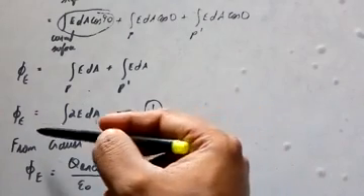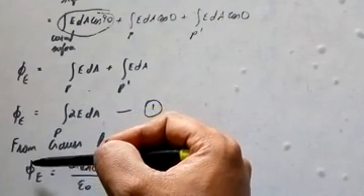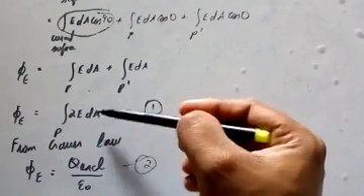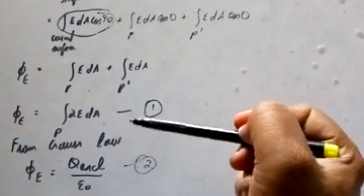Now on the left side we have this phi E, here is phi E, so we can equate the right sides. Let's do that and see. I'll write the step: equating 1 and 2. Because the left side is the same, the right side also must be the same.